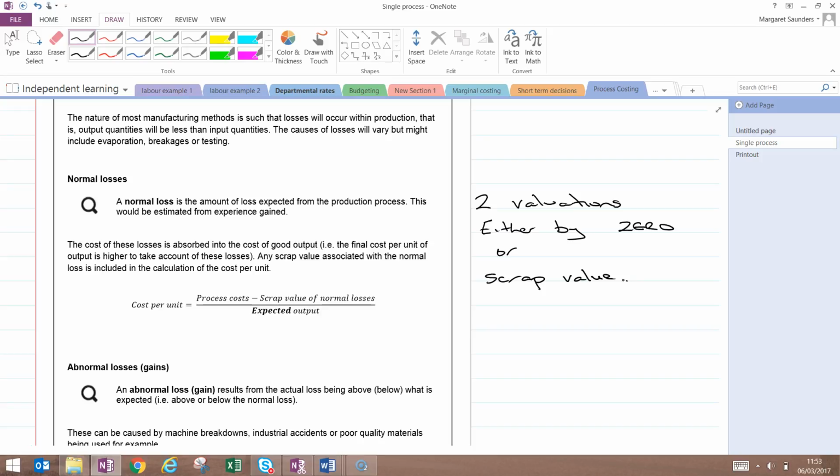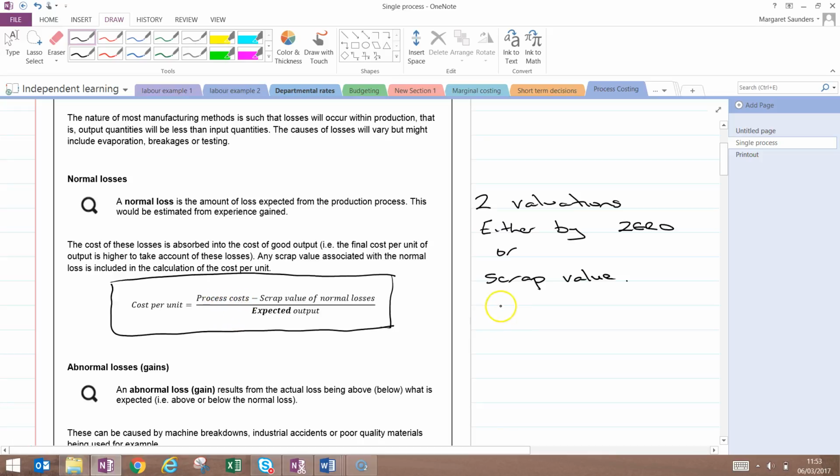In terms of valuing your output, you will need to be familiar with this formula here. So to value our output on a unit basis, it is the process costs, so that is the material, labour and overheads that you have put into the process.